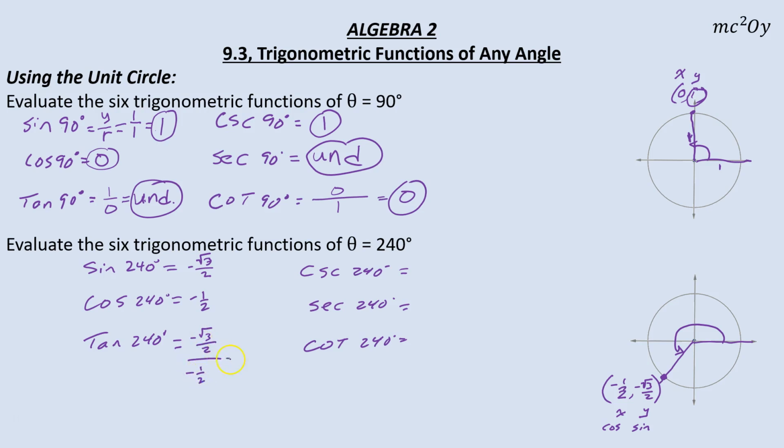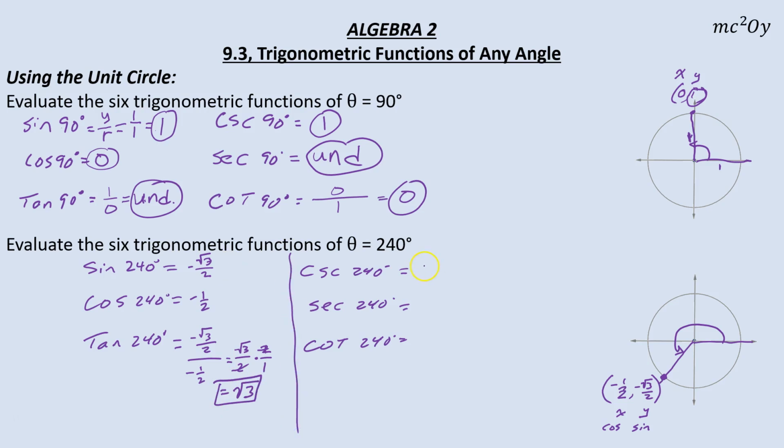Well, negative divided by negative is positive. And root 3 over 2 divided by 1/2 is the same thing as multiplying by the reciprocal of 1/2, which is 2 over 1. Those cancel, and it just becomes root 3. So tangent is root 3.